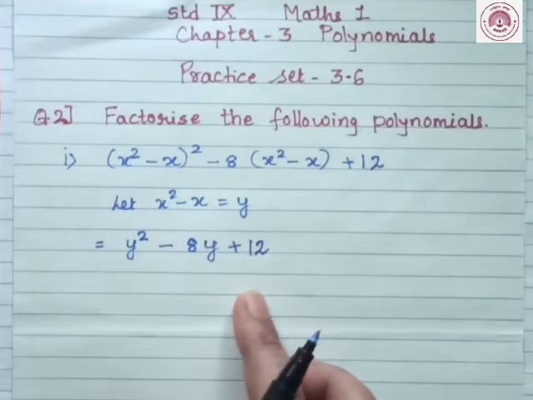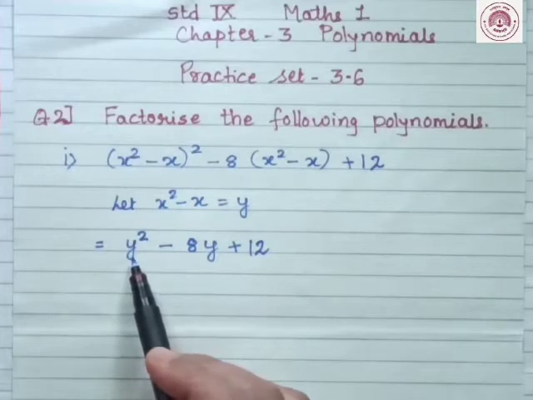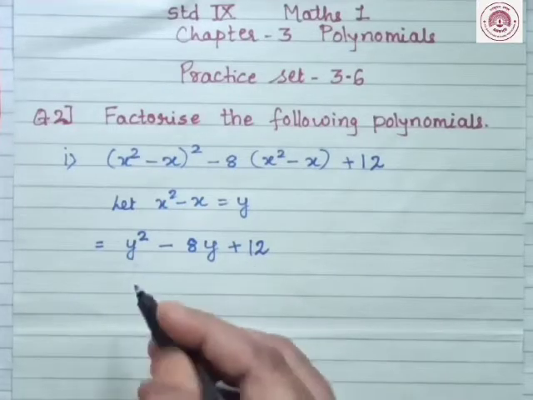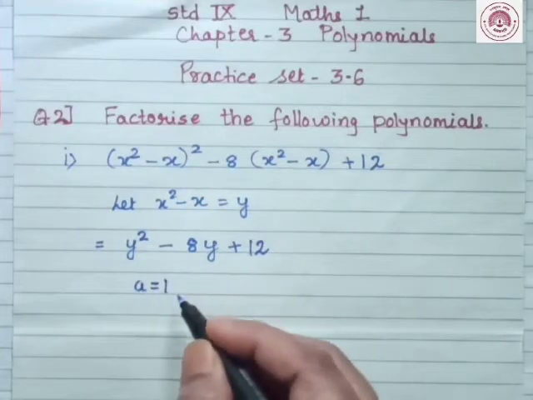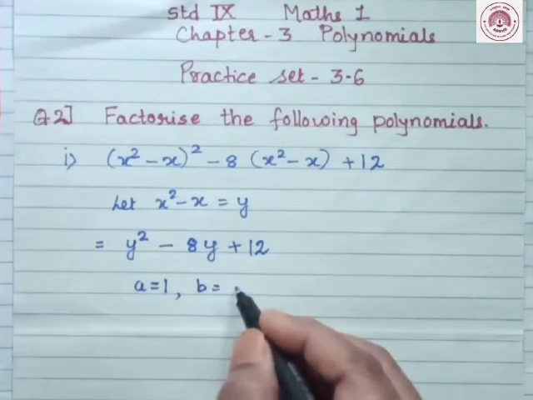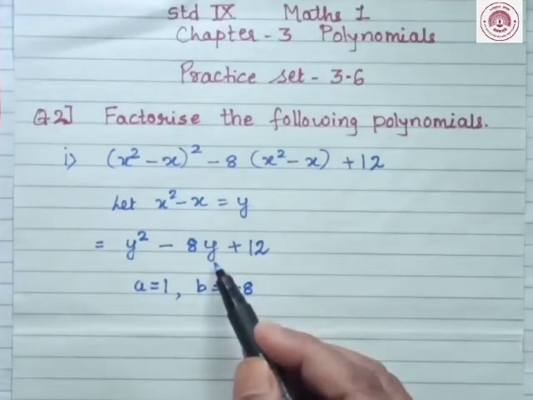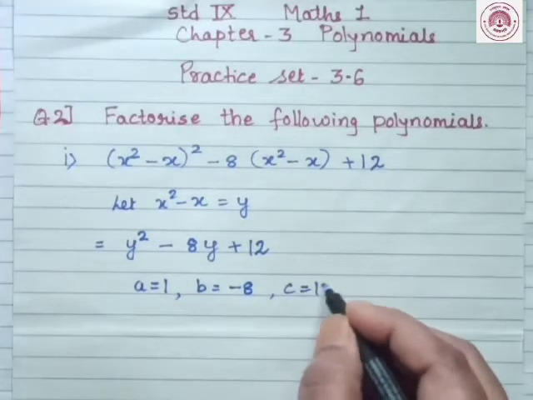We have to first find the product AC, that is, the coefficient of y² multiplied with the constant term. Here the coefficient of y² is 1, so A = 1, B = −8, which is the coefficient of y, and the constant term C = 12.